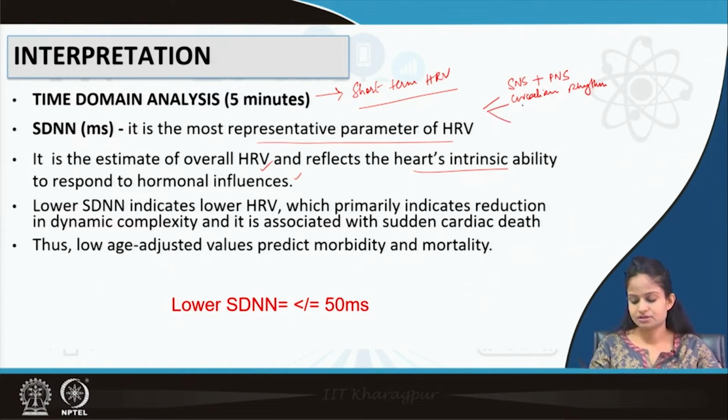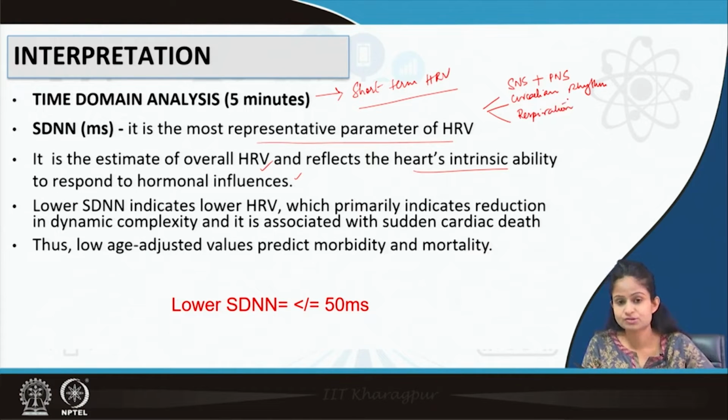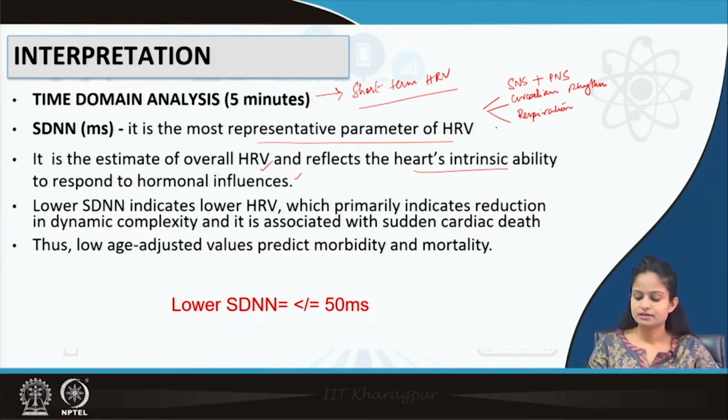Then it includes the respiration, how the respiratory influences are there in the heart rate variations, then thermoregulation, as well as the neuroendocrine or the hormonal influences.